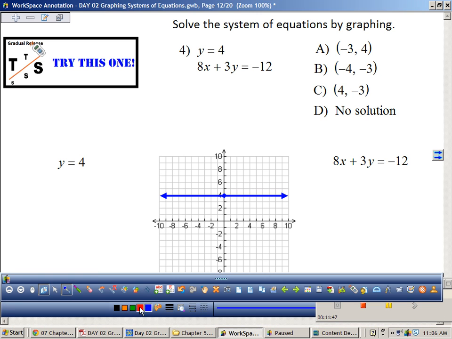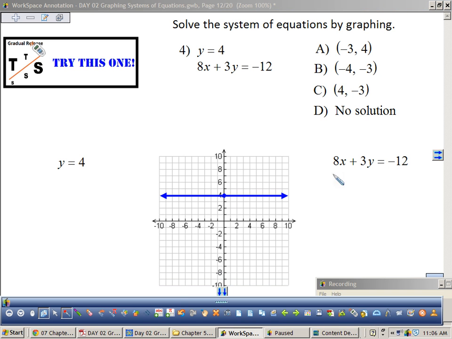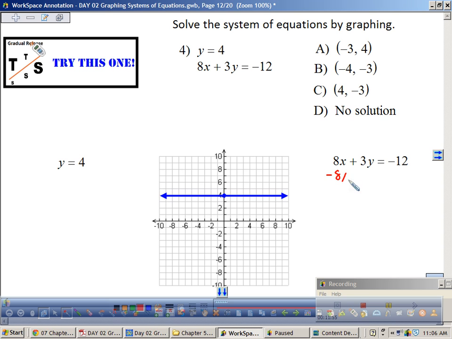Then I'm going to come over here and I'm going to say, okay, well, I need to put this into slope-intercept form. So what am I going to do? Solve for y. Subtract 8x from both sides. And I get 3y equals negative 8x minus 12. What do I do next, Michael? I'm solving for y.